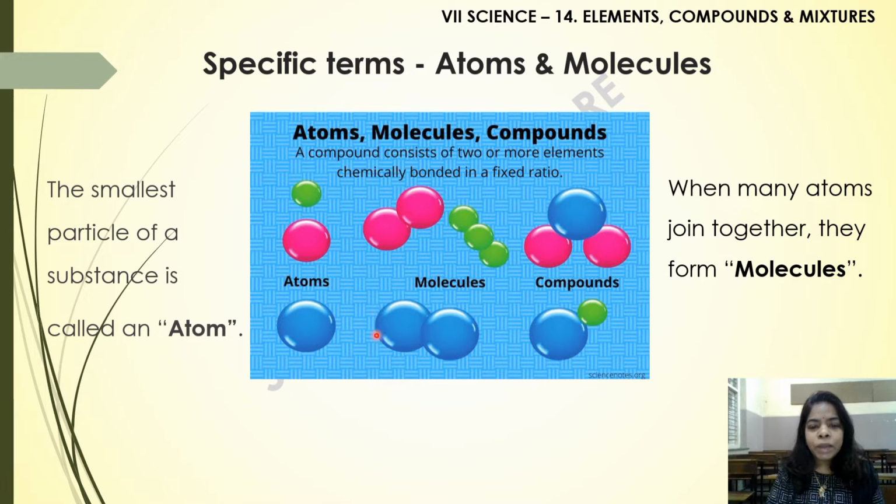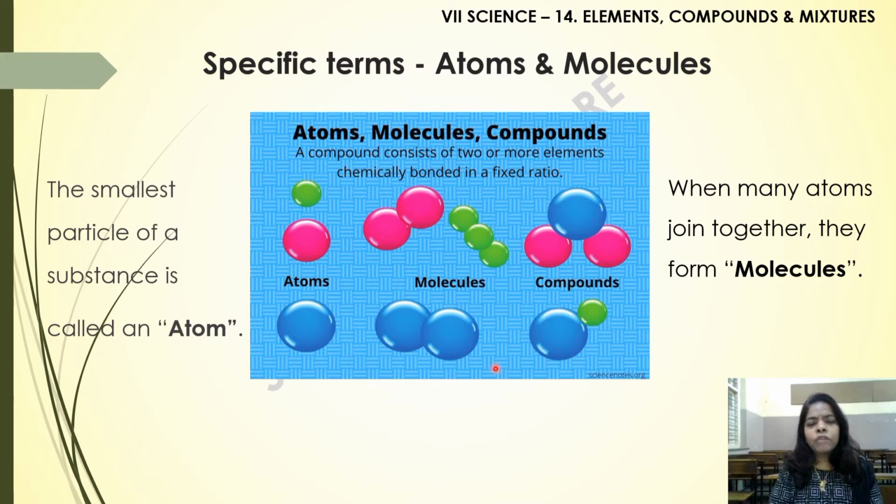Here, children, same kind of atoms are joining together to form a molecule. Here also, same kind of atoms are joined. Here also, same kind of atoms are joined. But here, different kinds of atoms are joining together. So we can get molecules by a combination of same kind of atoms or by a combination of different kinds of atoms.